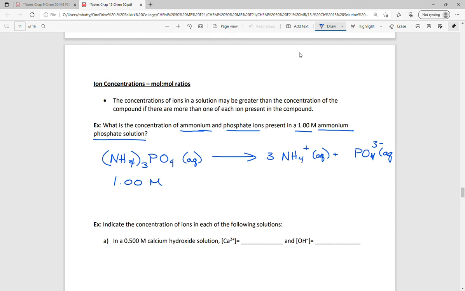So every 1 molecule of this is going to make 3 molecules of this. So it increases the concentration of these ions in solution according to that mole to mole ratio. So 1 mole of the ammonium phosphate would make 3 moles per liter of this ion in solution.